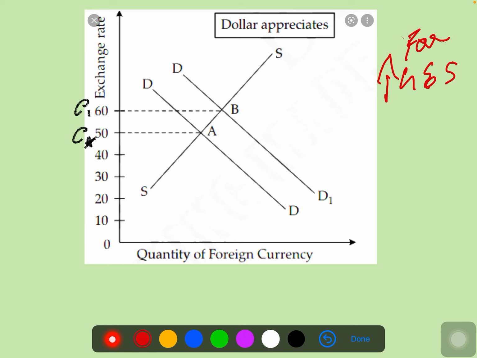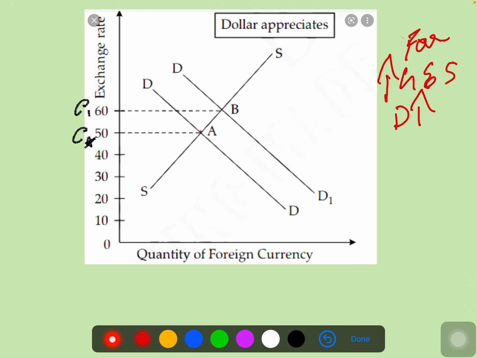You feel like buying more goods and services from abroad. Most probably the reason is that you're traveling to other countries, you like so many goods and services of the foreign country, and you feel like purchasing them. That means the demand for foreign goods and services is going to increase. In this case, the demand curve shifts upward.